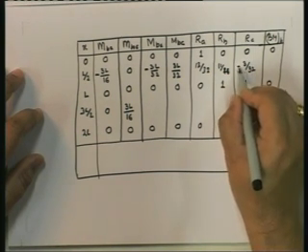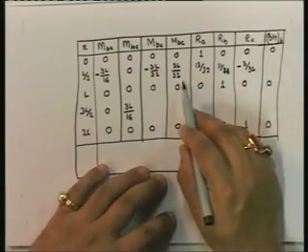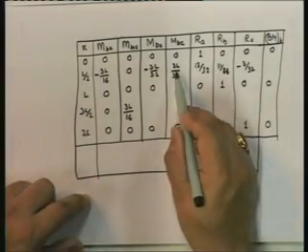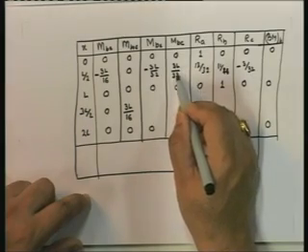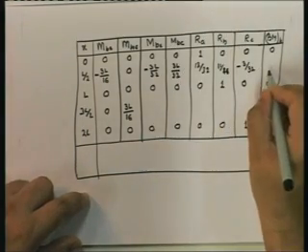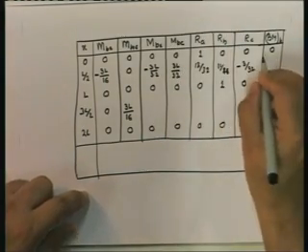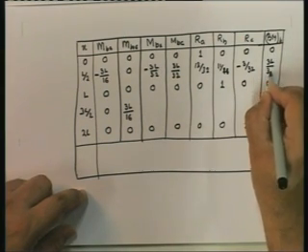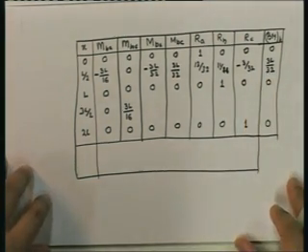Negative, sorry, negative here, because here you have this, so it's minus MB upon L, and the bending moment is going to be equal to 3L upon 32.